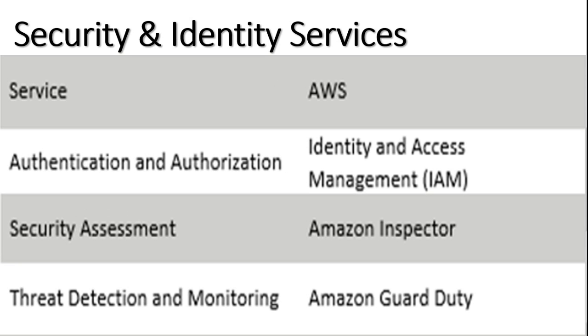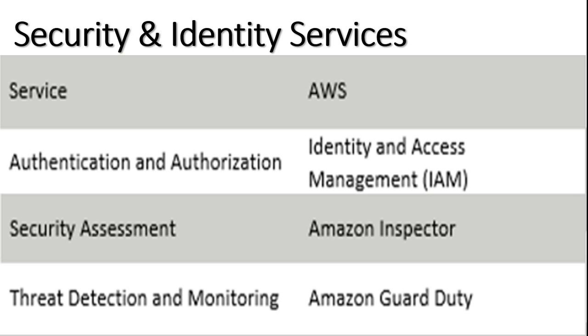Next up we have security and identity services. First is IAM, which is the Identity and Access Management service. In this service we have users, roles, policies, and much more.